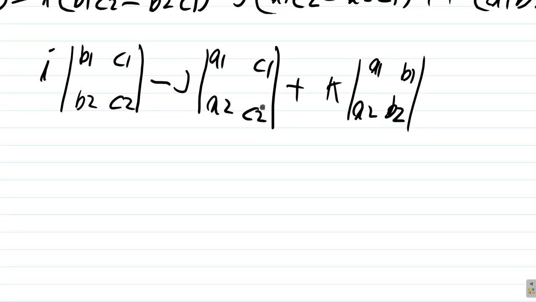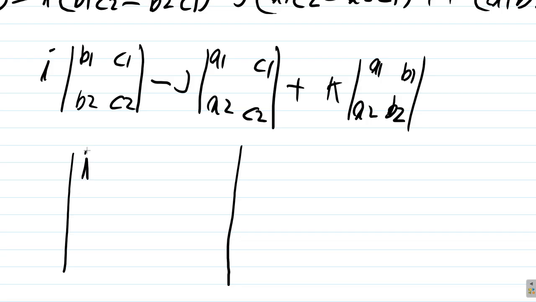Alright. Now, here, if we had a 3 by 3 determinant, this looks like a 3 by 3 determinant, and we have I times, we cover up the rows and columns with I, what we would have is the determinant B1, C1, B2, C2. See that?